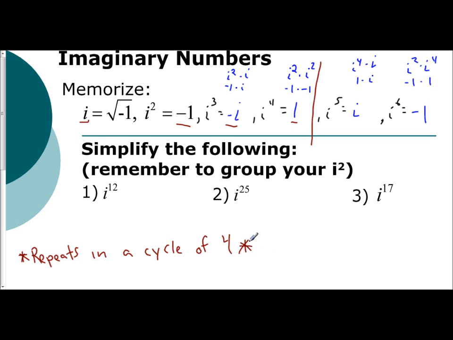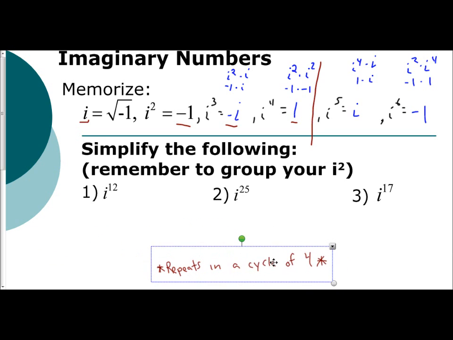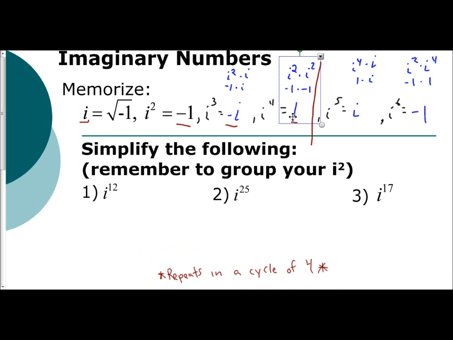And so when simplifying your imaginary numbers and their exponents, what you want to do is try and figure out, how many sets of 4 are there? Because if there's a set of 4, it's 1, and 1's a nice number. And then you look at the remainder to figure it out from there.